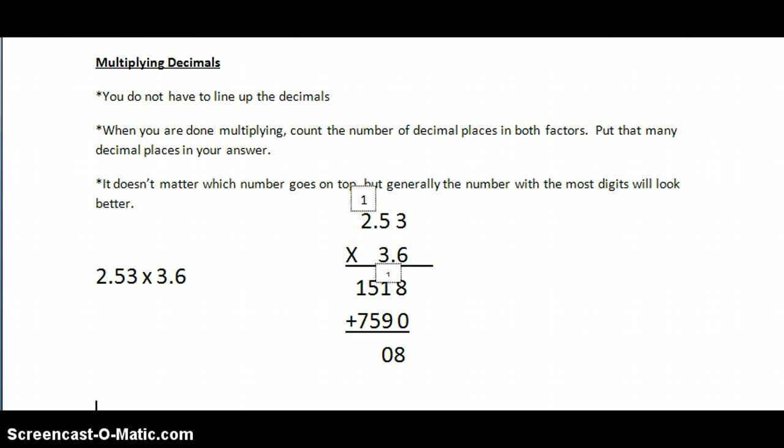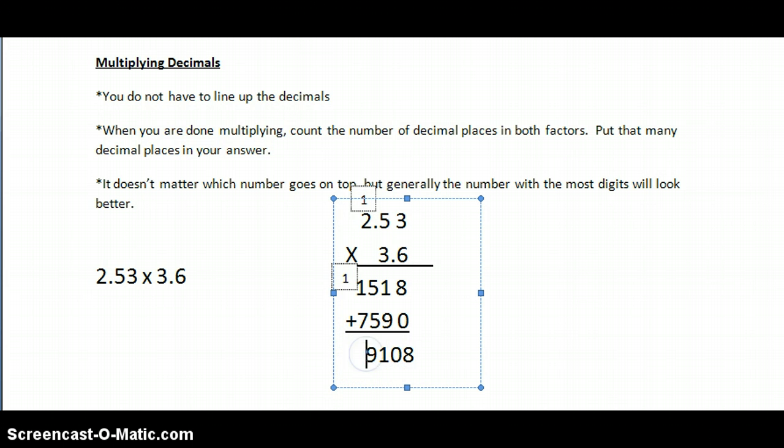Then I have 5 plus 5 is 10, plus 1 is 11. And we'll carry another 1, which I'll put over to the side here. And I have 7 plus 1 is 8, plus 1 is 9.